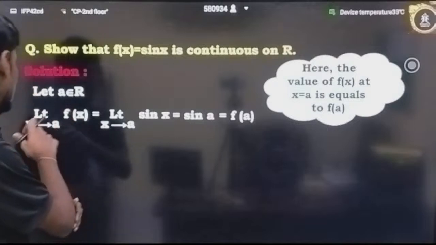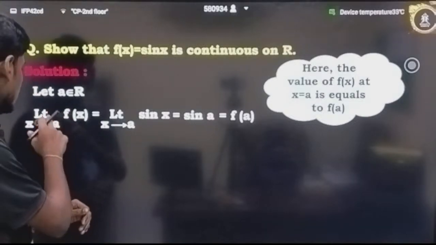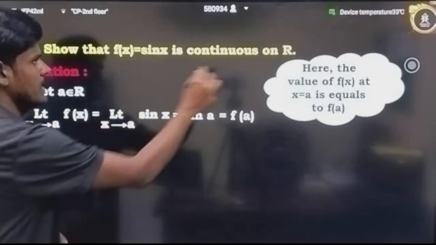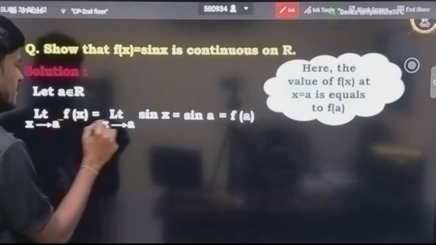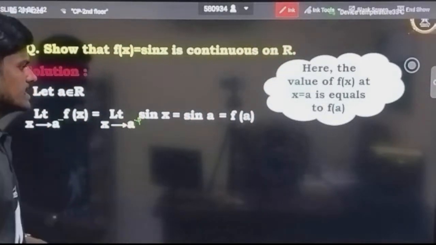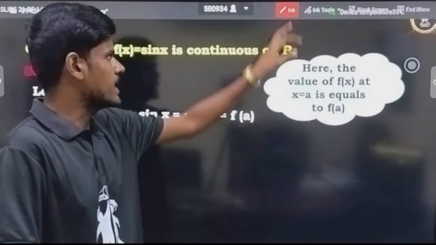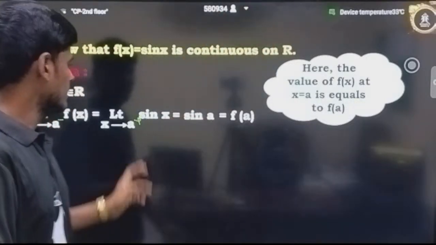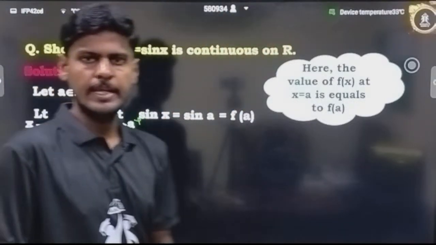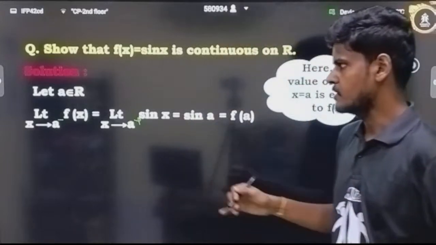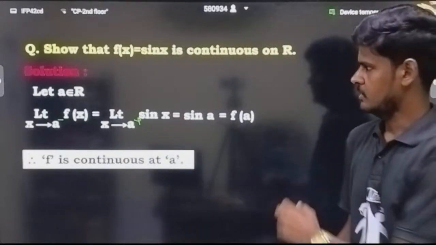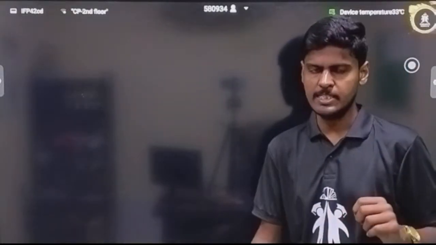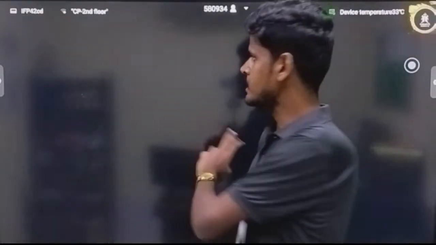By observing the limit as x tends to a minus and a plus. Limit of sin x as x tends to a minus and a plus is equal to sin a. This is equal to f of a. That means this is a continuous function. Easy. We already know sin x and cos x are continuous in all real numbers.